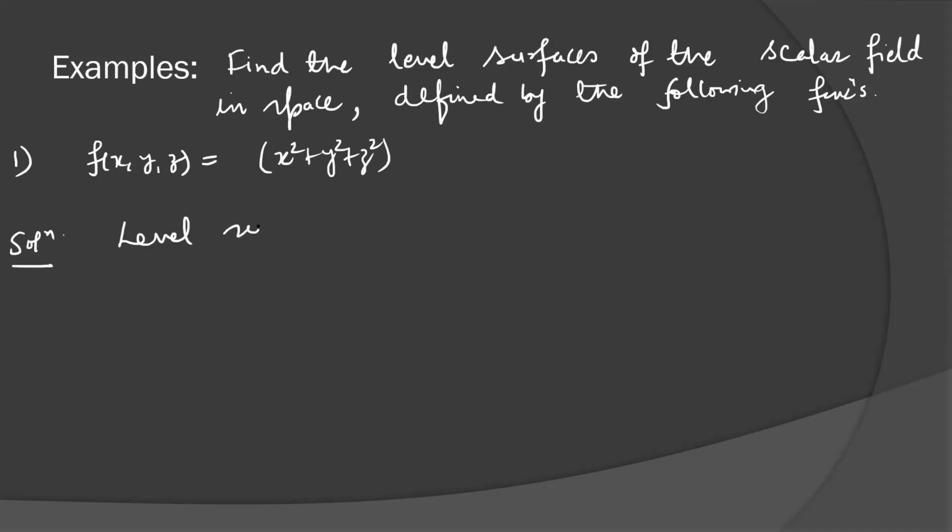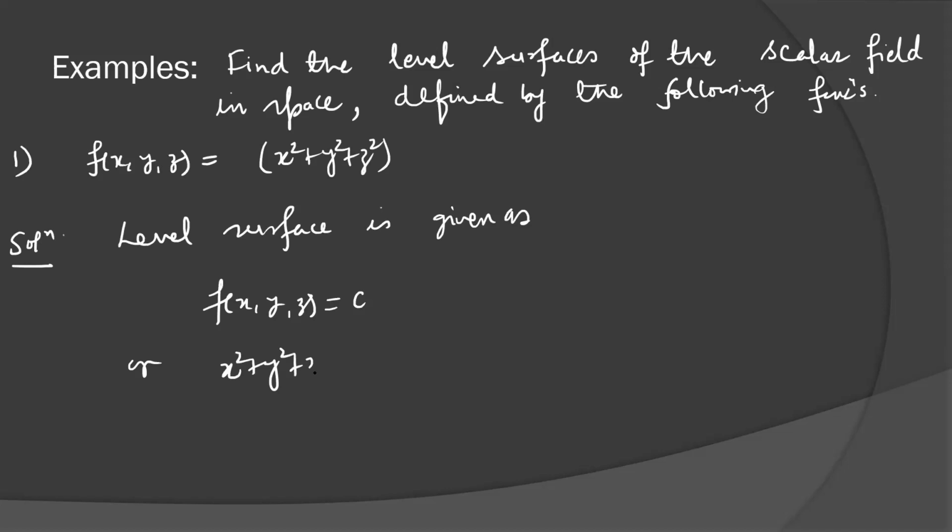The level surface is given as f(x, y, z) equal to c, or x square plus y square plus z square equal to c. Here c must be greater than 0, because x square plus y square plus z square is always a positive value, as f(x, y, z) is a real-valued function.